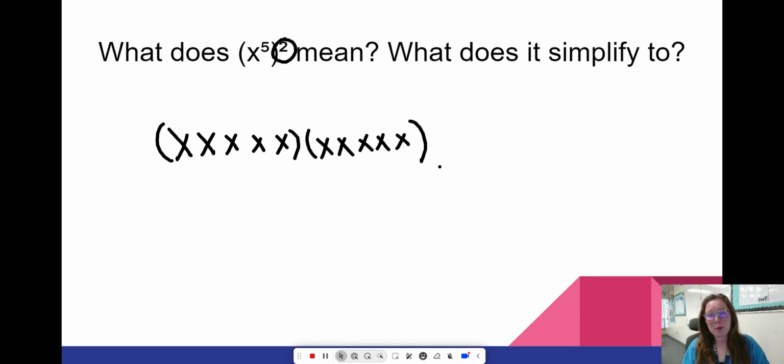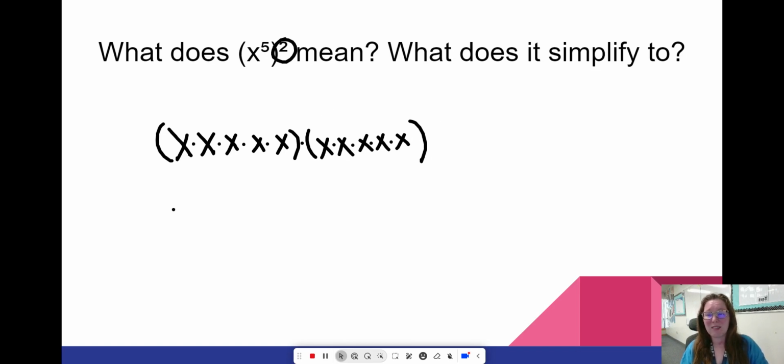Okay? Now I put parentheses around this first group and the second group. But the invisible operation here is just multiply, same as in between all of these things. So the parentheses are actually not necessary because they just mean multiply all these x's times all these x's.